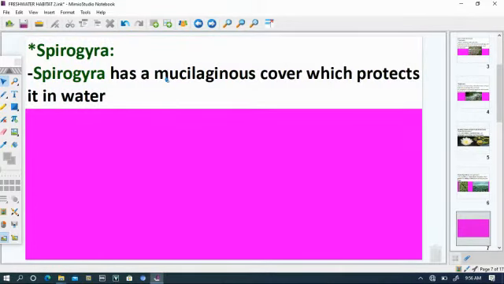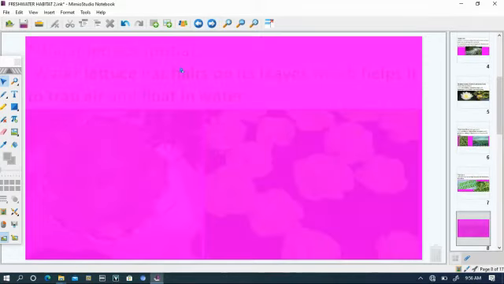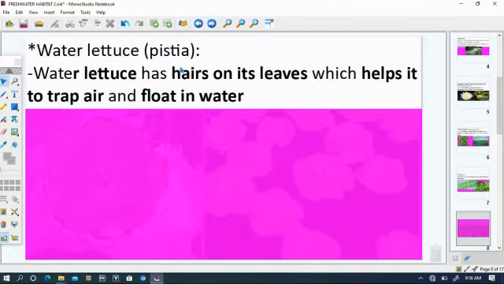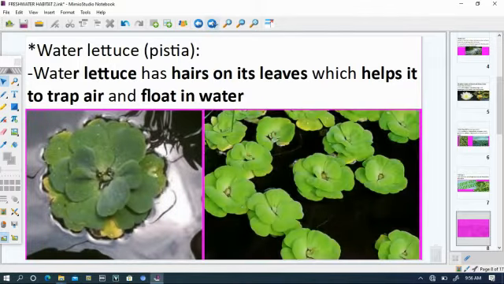Spirogyra. Spirogyra has a mucilaginous cover, which protects it in water. Water lettuce. Water lettuce has hairs on its leaves, which help it to trap air and float in water.